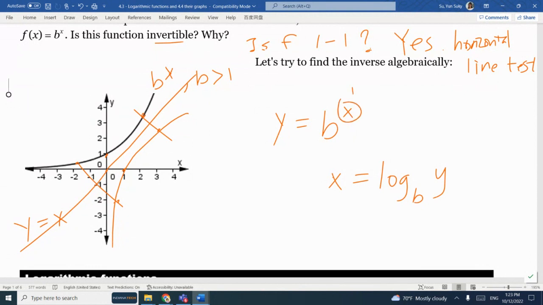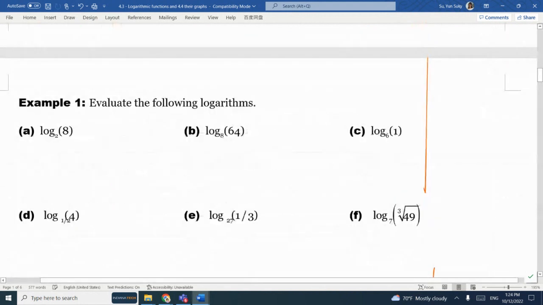So this is the inputs, and that's the output. Now, when you try to solve for x, x was the input, now it becomes the output. And in this inverse function, y becomes the input, right?